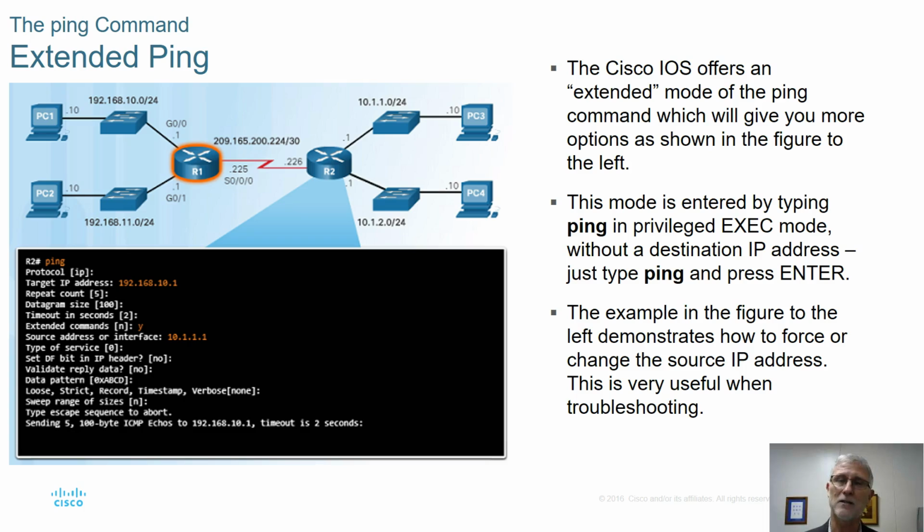But now I can change the number of times I repeat, the size of the packet I'm sending, what acceptable timeout procedure. So you get a lot more options in setting up your ping command, which can be very beneficial. It also can be one, if you set values too high, you can bring your network to its knees. So be careful.